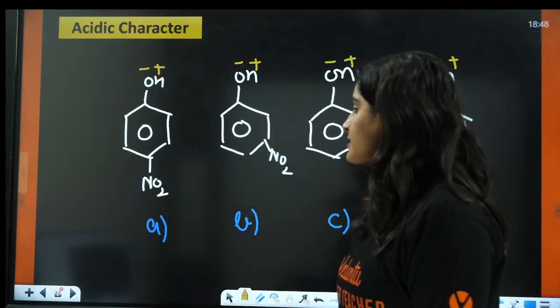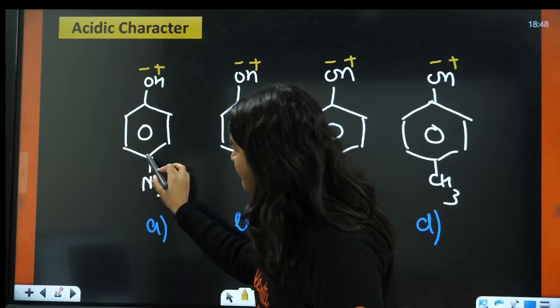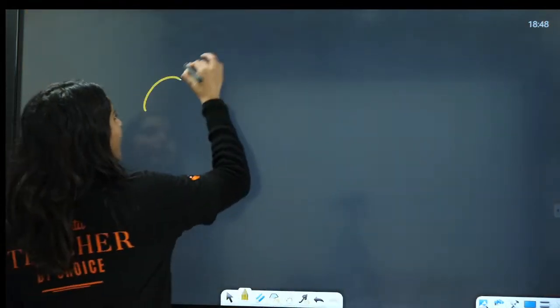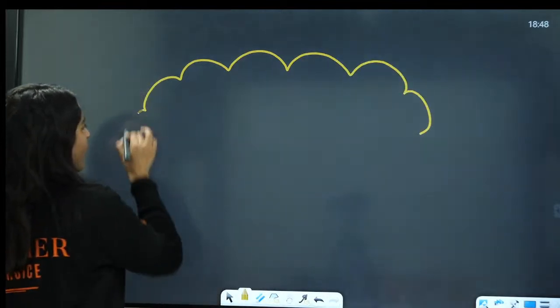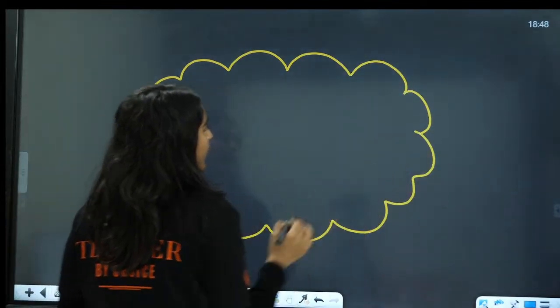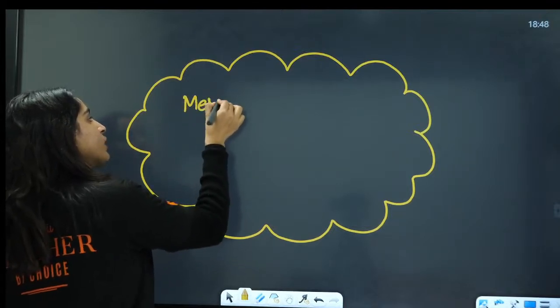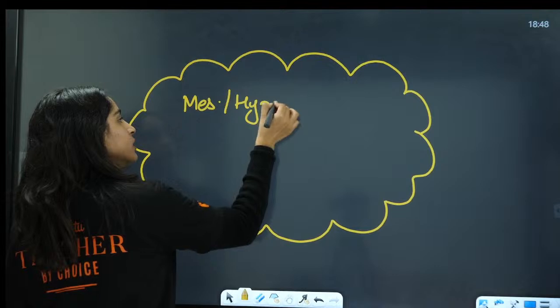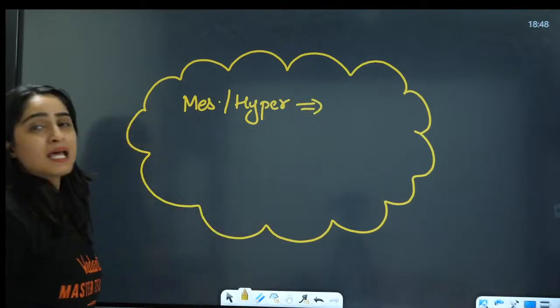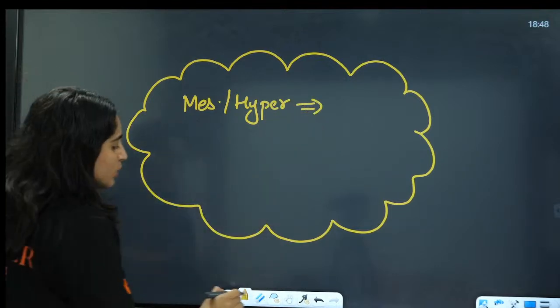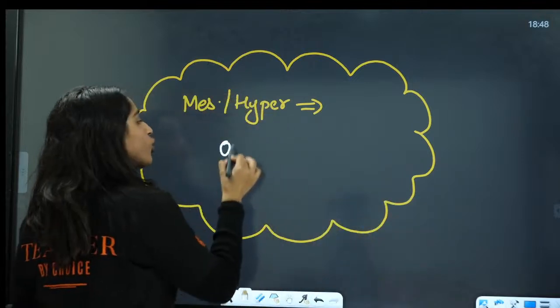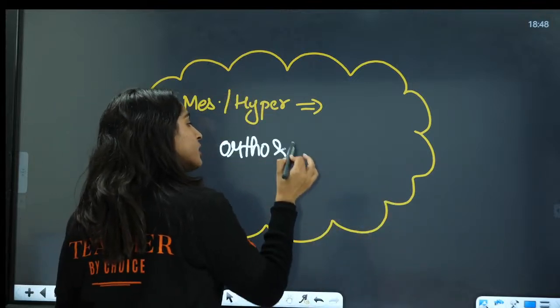Let us see. Before this, write one thing here and highlight this point: minus M, or mesomeric, or hyperconjugation, is only applied on the ortho and para positions.